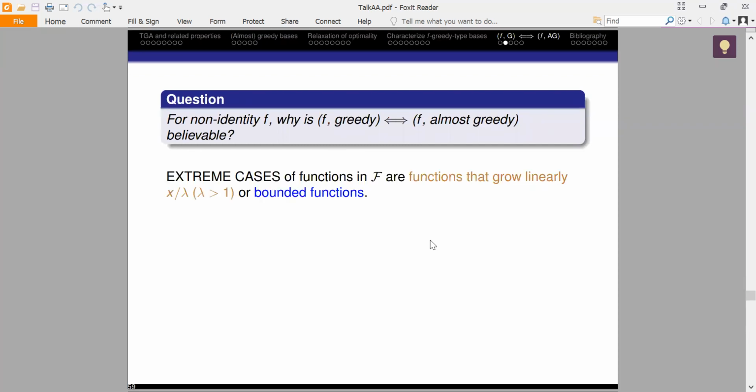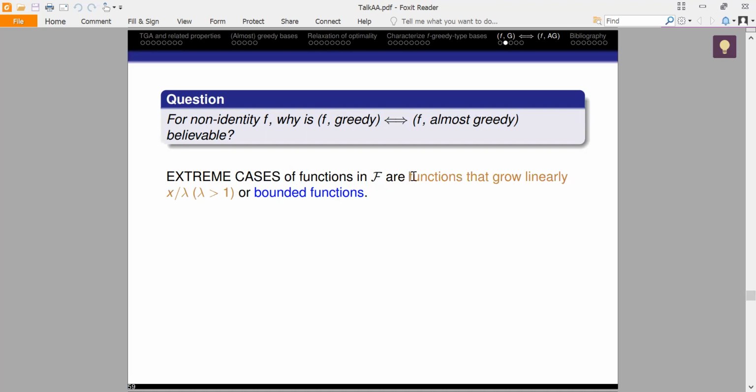Why don't we look at the extreme cases of functions in F? Because if this equivalence holds for the extreme cases, then we expect it to also hold for anything in between. The two extreme cases are functions that grow linearly. Remember, when I have a graph of this kind of function, the best we can do is that they grow linearly.